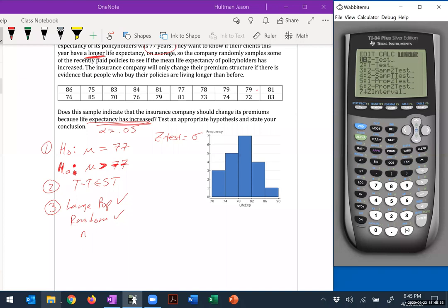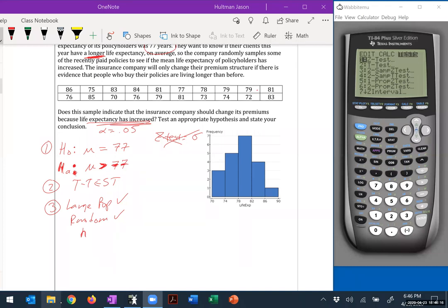It's the same thing that we did for confidence intervals. So we never really use this z-test. Got it, thank you.